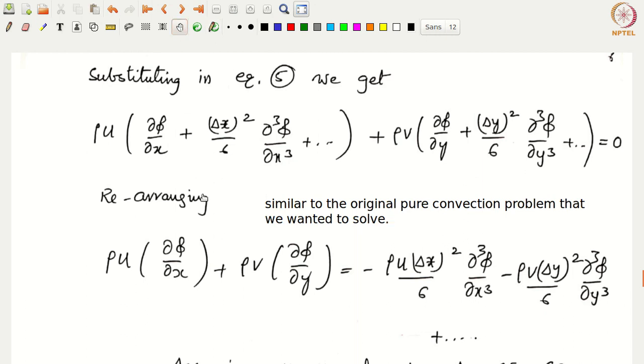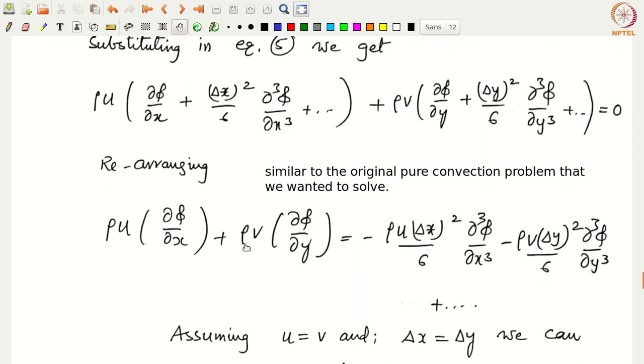If we do the rearrangement, then it is rho u partial phi partial x plus rho v partial phi partial y equals, the remaining terms go to the right hand side, that is minus rho u delta x square by 6 partial cube phi by partial x cube minus rho v delta y square by 6 partial cube phi by partial y cube, plus and so on, right?